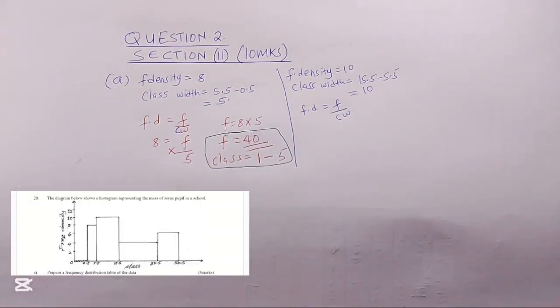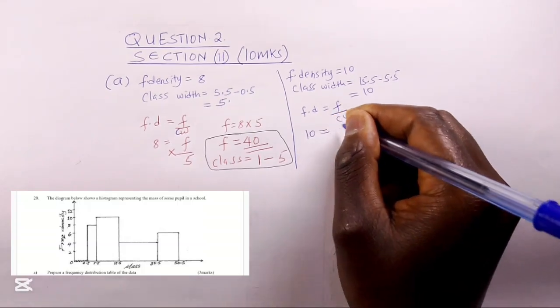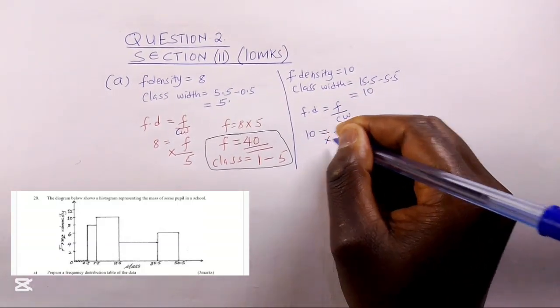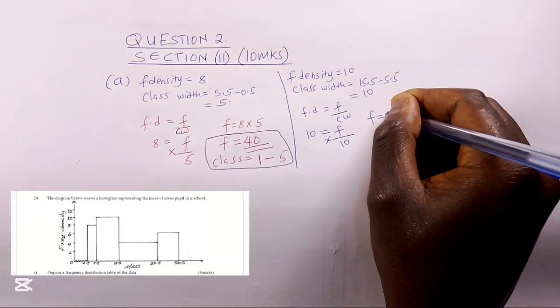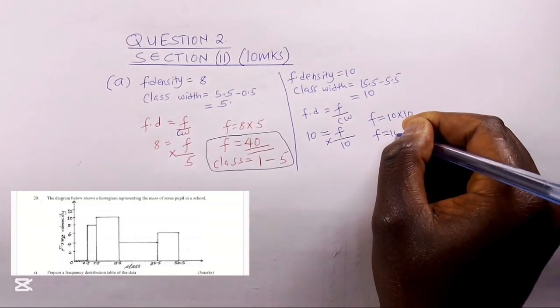Frequency density is equal to frequency over class width. So our frequency density being 10 is equal to frequency over class width, which is 10. We will cross multiply and get our frequency as 10 times 10, which is equal to 100.